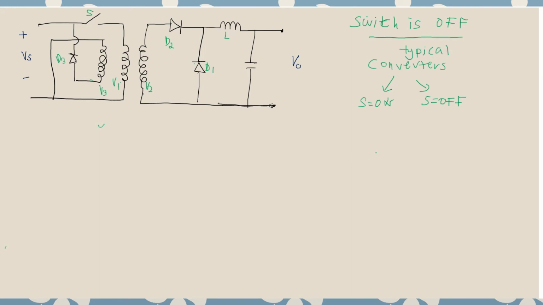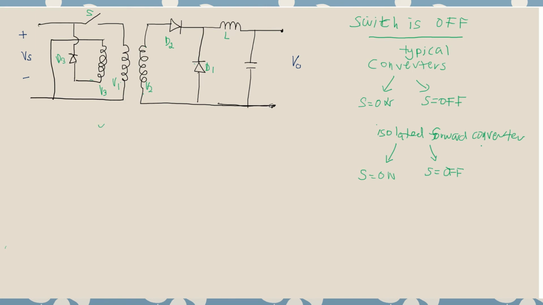But in the isolated forward converter, it's different because you have three states. One when the S is off, when the S is on and off, okay, that is two states.